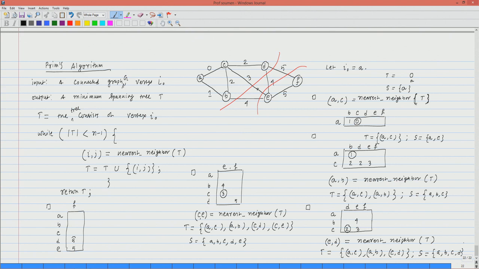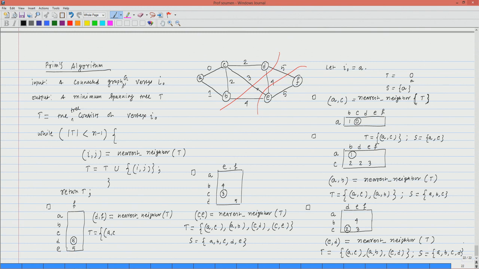You can pick any one of them. So, the output of the nearest neighbor is DF, which is the nearest neighbor of this tree. So, you update your T finally, and this is the final T.